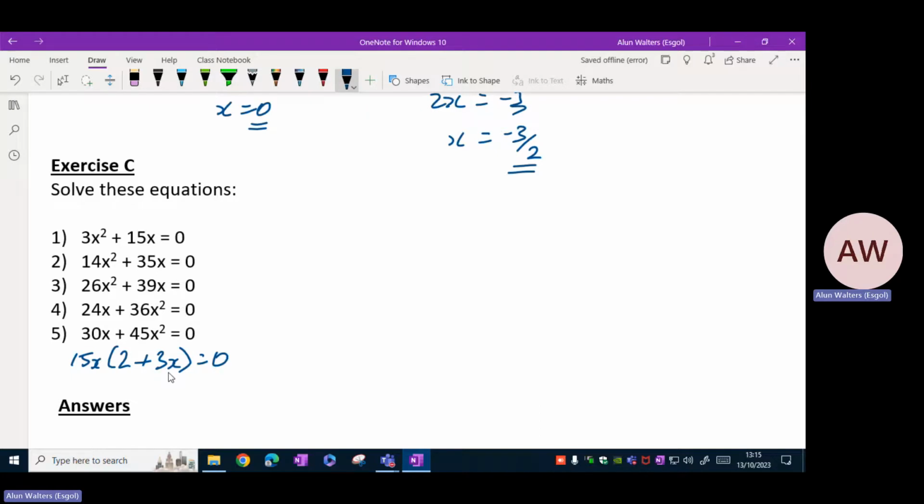Okay, so then I proceed to say that either 15x is 0.